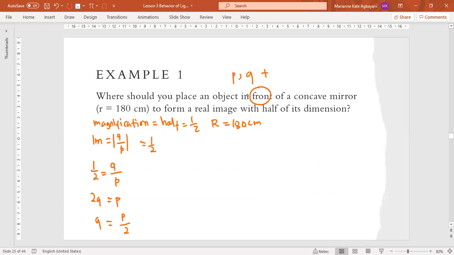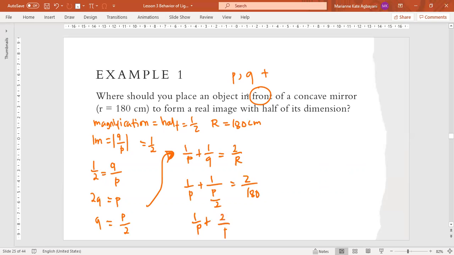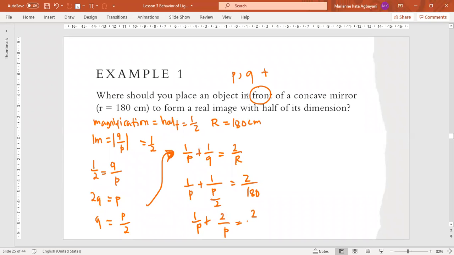Now take note of this. We have here 1 over P plus 1 over Q is equal to 2 over R. Since we have a radius given, that will be 1 over P plus 1 over P over 2, that is equal to 2 over 180. Now this will be 1 over P plus 2 over P, equal to 2 over 180. So 1 plus 2, that is 3 over P, equal to 2 over 180.